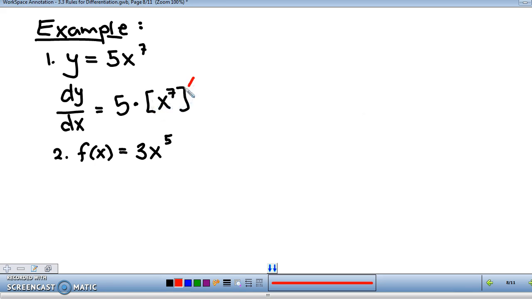So x to the 7 prime means the derivative. So I'm taking the time to show this extra step to show you how that last rule applies here. It's just pretty much the constant 5 times whatever the derivative of x to the 7 is. Finding the derivative of x to the 7 is not so hard anymore now that we know the power rule.